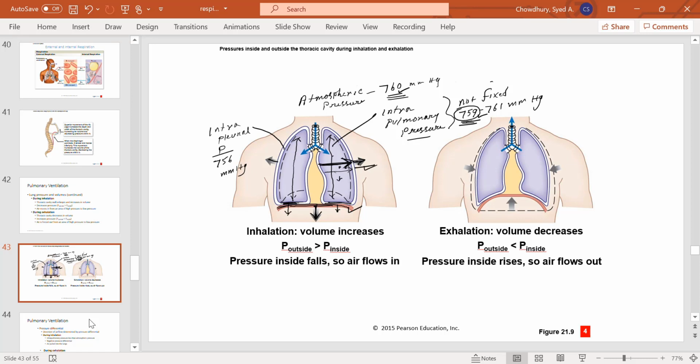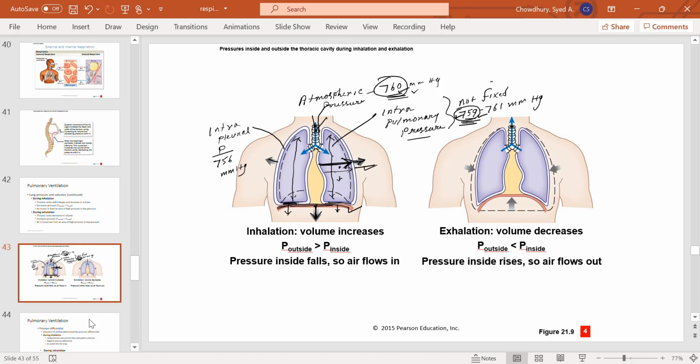So this is 1 millimeter above this one. So air, remember, this is a rule, always moves from high pressure to low pressure. So when inside the lung the pressure drops 1 millimeter below the atmospheric, the air will get into the lung from the outside. Makes sense? Because of that 1 millimeter pressure difference. And that is the inhalation or inspiration by the contraction of the diaphragm and the intercostal muscles.